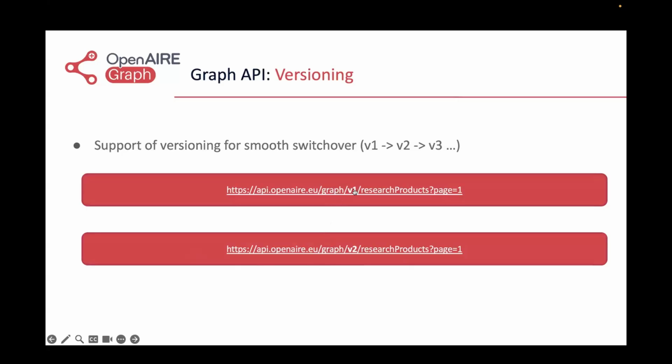Don't be afraid, the old version will still exist. We will deprecate it, but it will still be working. From your side, try to switch to the new one as soon as possible, because it's more reliable and you will get more data. So try to always use the latest version.